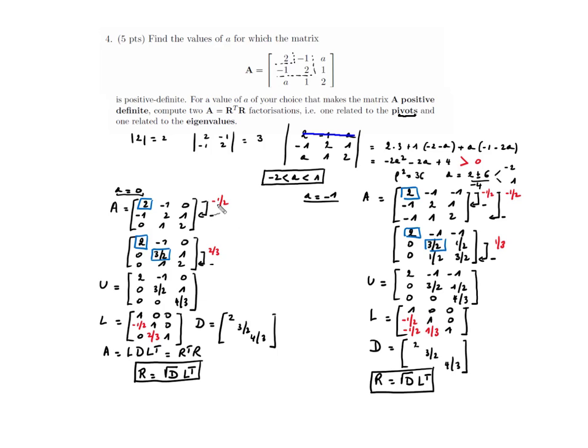To construct the matrix L, what you have to do is take the multipliers and place them at the right spot in an identity matrix. So this one has been used to create a 0 over here, so you place it over here, and this one here has been used to create a 0 over here, so you have to place it here.